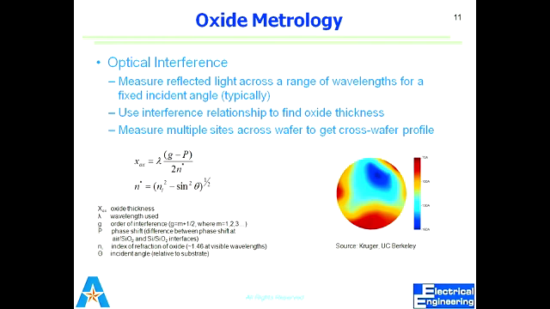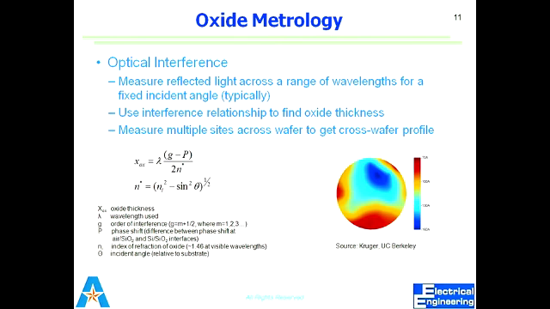Then you can use this optical interference method to find the oxide thickness. As the formula shows, X oxide is given by lambda, the wavelength, G, the order of interference, and Ni, the index of refraction of oxide. Approximately it's 1.46 at the visible wavelength.